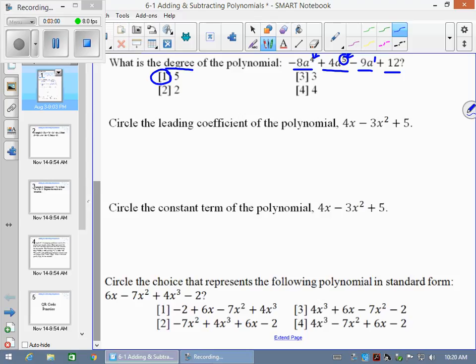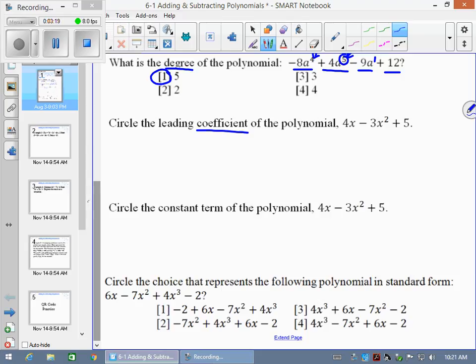Question 3 asks you to circle the leading coefficient. Well, when you've identified a polynomial's highest power, that term should be the leading term. And coefficient is the number in front of your term, that numerical term in front of your variable.